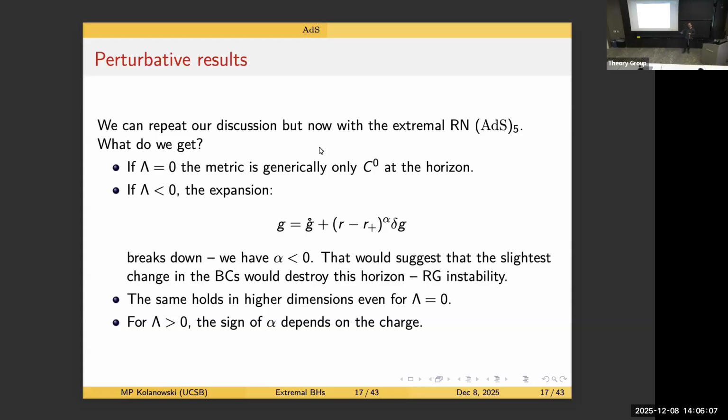Previously we had 4 exponents, 2 were negative, 2 were positive. We could kill 2 of them by regularity. Now we have 3 negative exponents, so we cannot kill all of them. This suggests that if we change the boundary conditions ever so slightly, we would go to a very different near horizon geometry. Previously, near horizon geometry was the same, but if we stepped away from it, things happened. Here, even the near horizon geometry is going to be different, even if it exists. And the same is also true in higher dimensions, even without the cosmological constant.